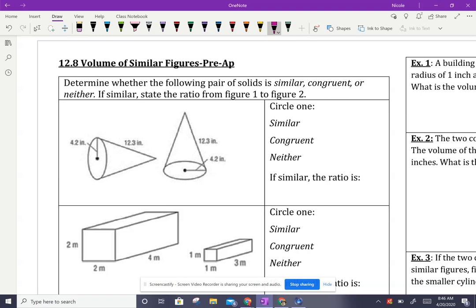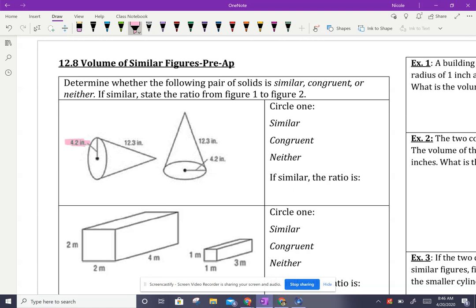Or if they're congruent, then all of the side lengths that are provided for us are congruent. Or if they're neither, there's no number that works as a scale factor or scale factor ratio for these problems. So the first thing I'm going to do is go through and just identify the side lengths that are provided for us.